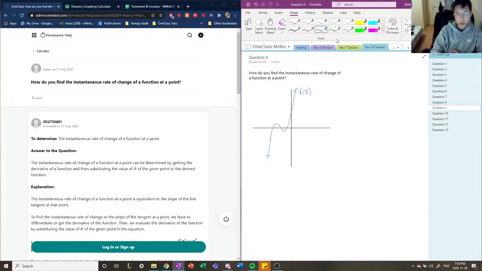Okay, so a secant line is a type of line that is the slope between 2 points on the function, okay? So let's say that we want to find the slope between this point and this point. So this line here, if I can draw it correctly. Okay, I didn't draw it correctly, but what can you do about that? Okay, so this line, and we'll say that this is a secant line.